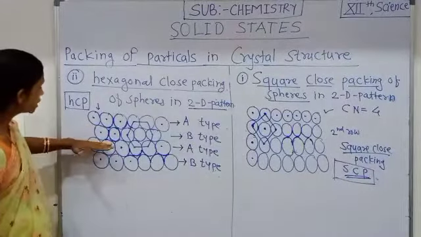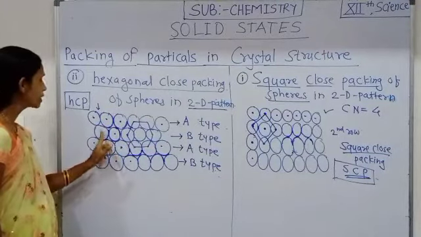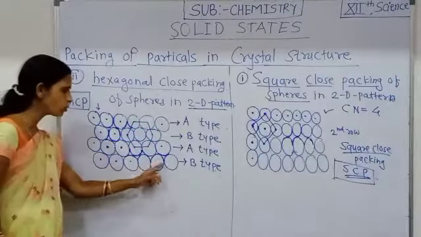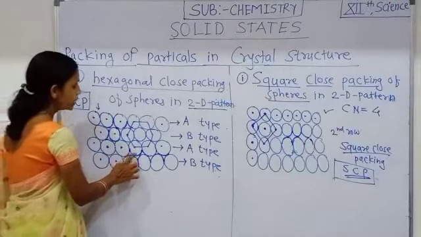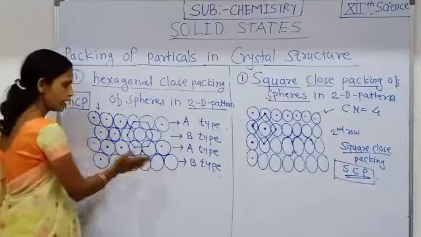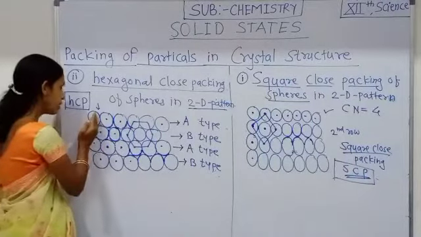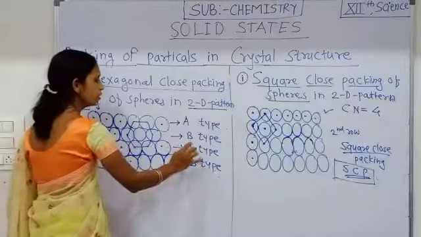Similarly, the spheres in the third row are arranged in the depressions of the second row, and the fourth row in the depressions of the third row. Therefore, the spheres in the first row get exactly aligned with the spheres in the third row.